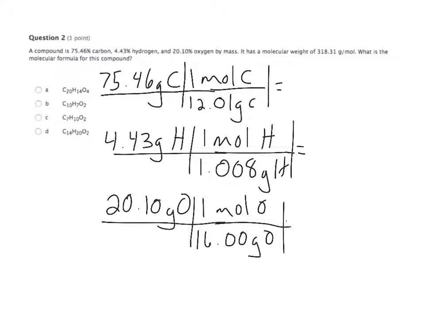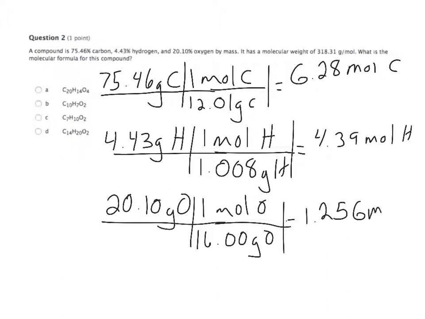So I plug this into my calculator. 75.46 divided by 12.01. Okay, so I found the moles of carbon to be 6.28 and the moles of hydrogen to be 4.39. And now I'm going to find the moles of oxygen, so 20.10 divided by 16.00, and I get 1.256 moles of oxygen.